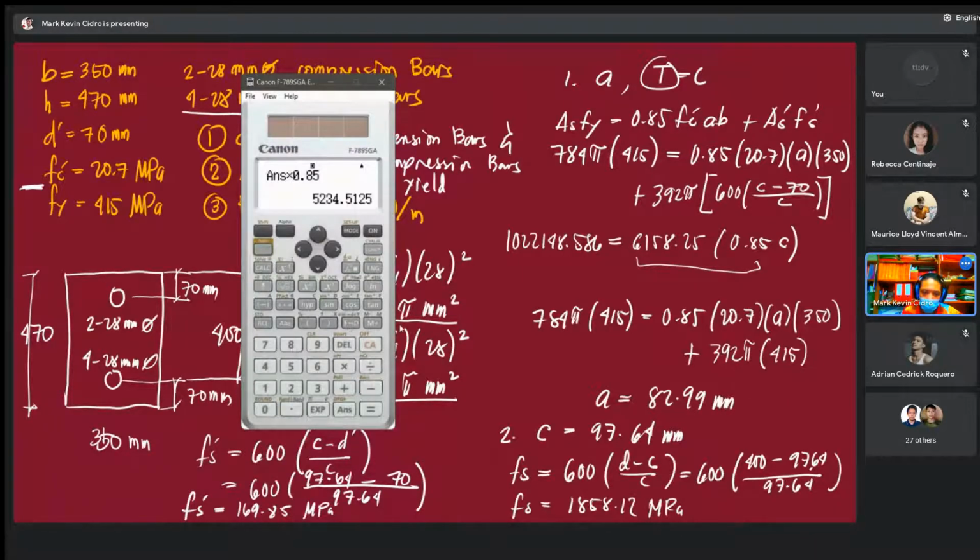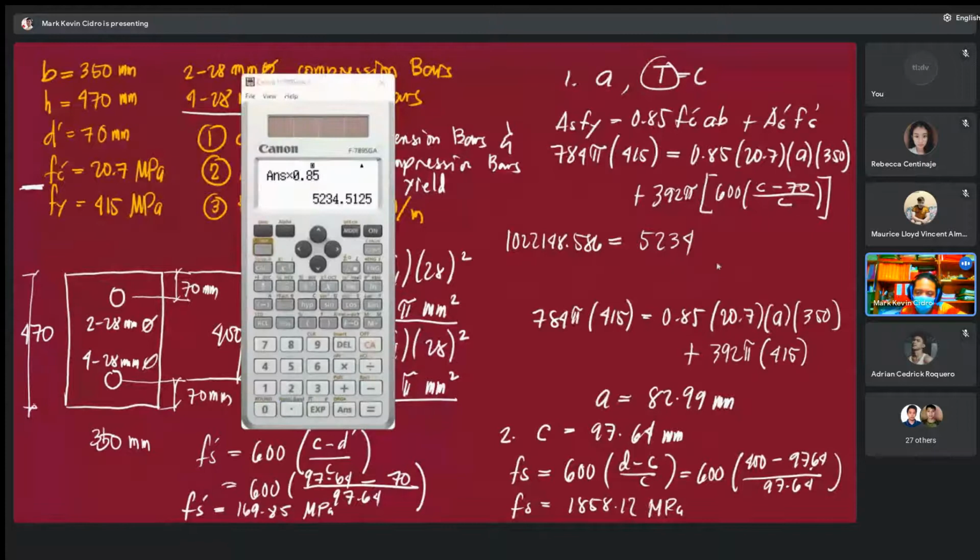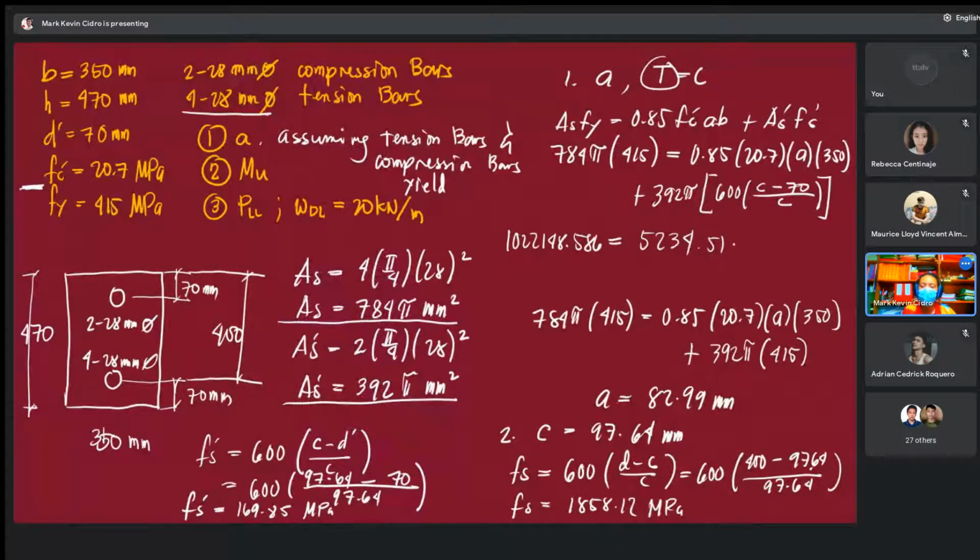The result is 5234.51. So 5234.51 c, plus the steel term.